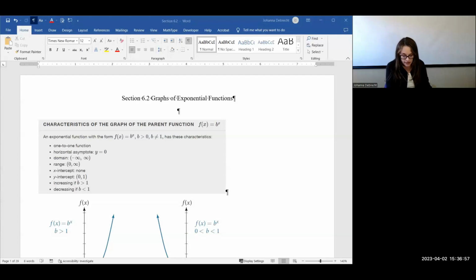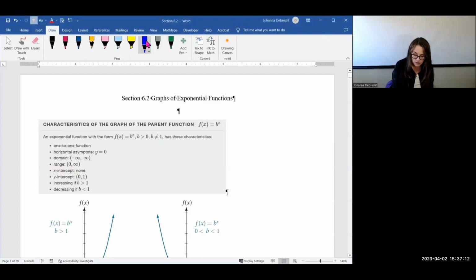So what we're looking at now is some of the characteristics of a parent function. And this is what we talked about in the previous video when we were graphing exponential functions. Now, let's remind ourselves what an exponential function looks like. An exponential function is basically y equals some initial value a times some positive number, not 1, raised to the x power.